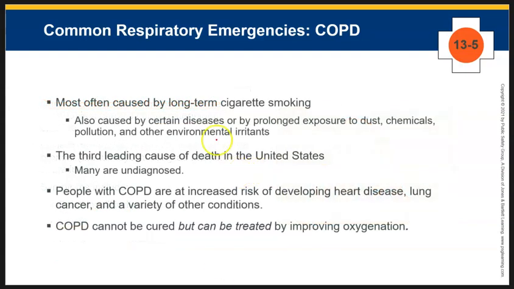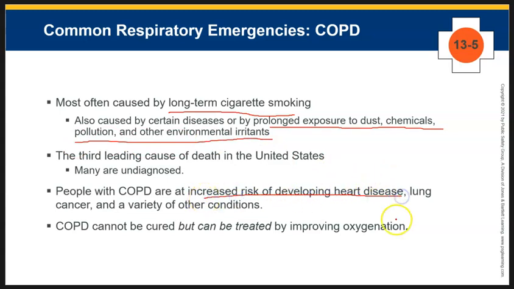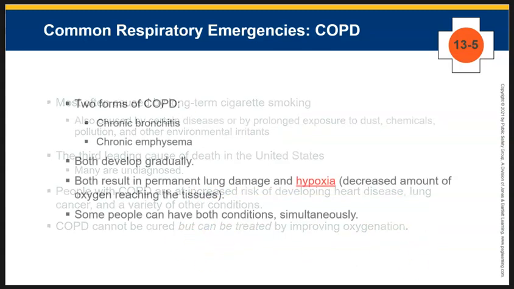Most often the cause is long-term cigarette smoking, but also possibly prolonged exposure to dust or chemicals in an industrial environment or pollution and environmental irritants. People with COPD are at an increased risk of developing heart disease. It cannot be cured, but we can improve the patient's oxygenation.